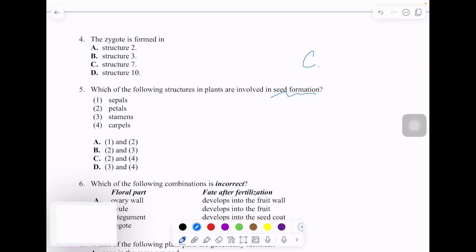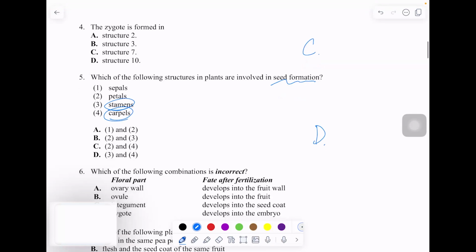So this would be mainly two parts, both 3 and 4, which are the stigma and the carpel, responsible for seed formation.